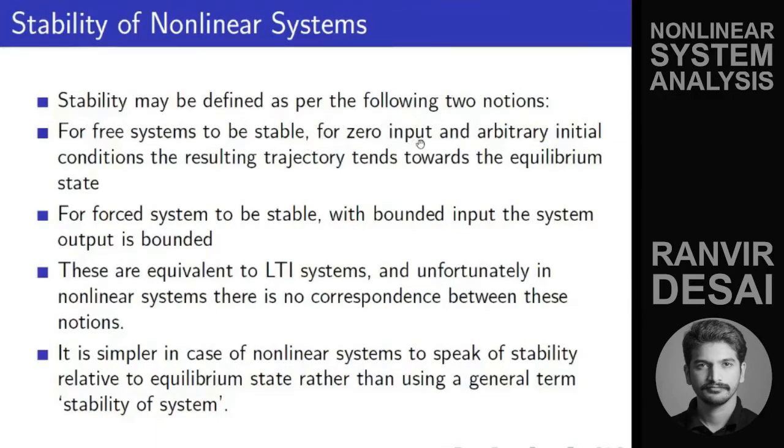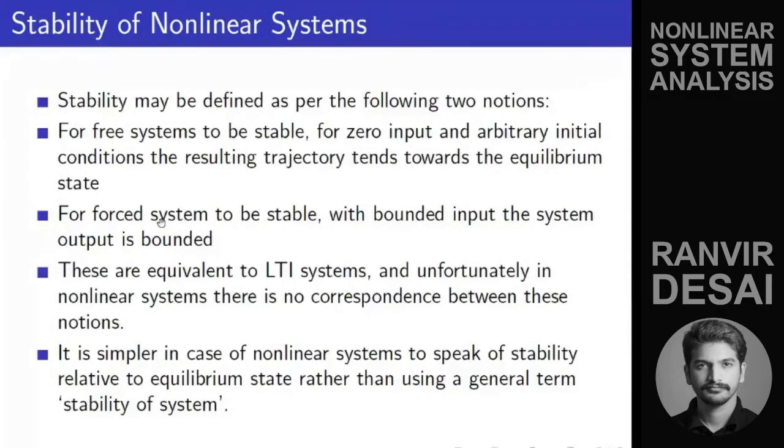For zero input and any initial conditions, the resulting trajectory should converge to an equilibrium point. This equilibrium point was also called a singular point in the last lecture. The next one is for forced systems to be stable. That means there is a certain input to that system. With bounded input, the system output is bounded.